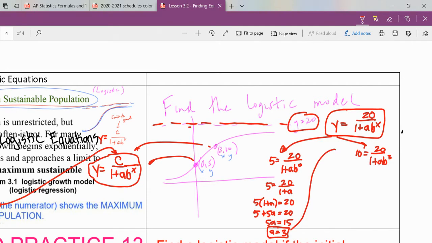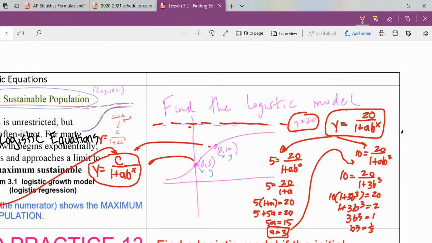So I've got that piece. Probably good to put that into the other equation. So I've got 10 equals 20 over 1 plus 3b to the third power. The same thing, I'll clear that fraction, multiplying both sides by that denominator, so I have 10 times 1 plus 3b to the third equals 20. I'll divide both sides by 10, so I get 1 plus 3b to the third equals 2. I subtract 1, divide by 3, so that's a third.